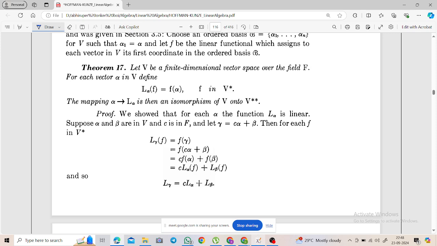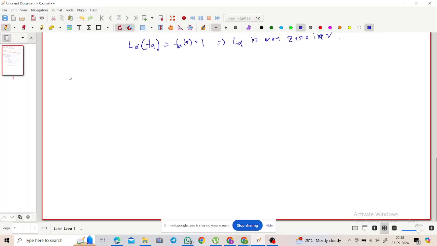Now they are considering this map, alpha to L alpha. So they are saying that if phi is a map from V to V star star, which sends alpha to L alpha, it is an isomorphism.